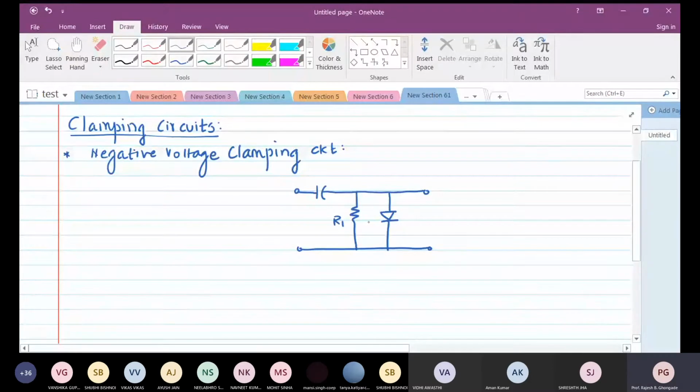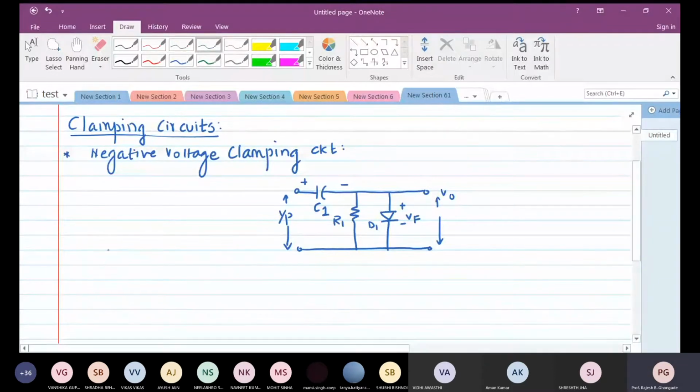This is your D1 with the drop across the diode like this. This is going to be the output voltage. This is where you apply the input. Capacitor is C1 and the polarity across the capacitor is like this. Okay?